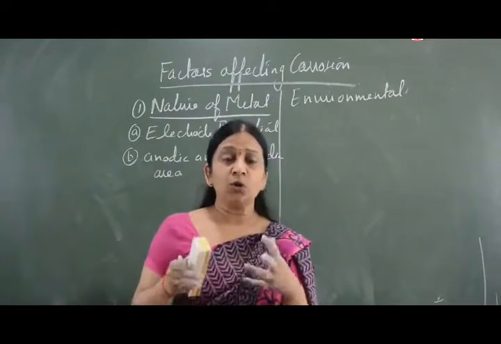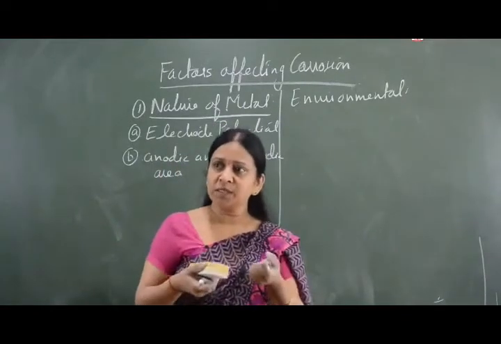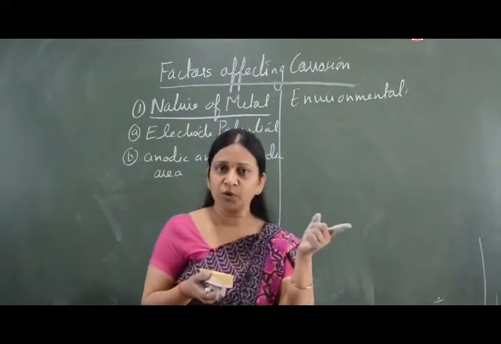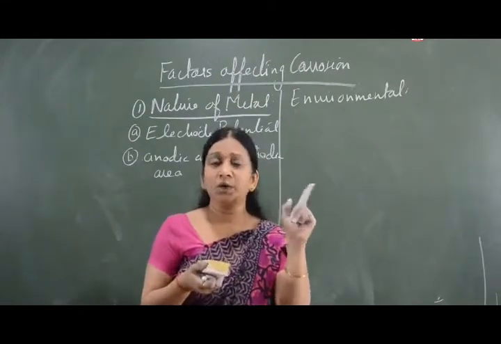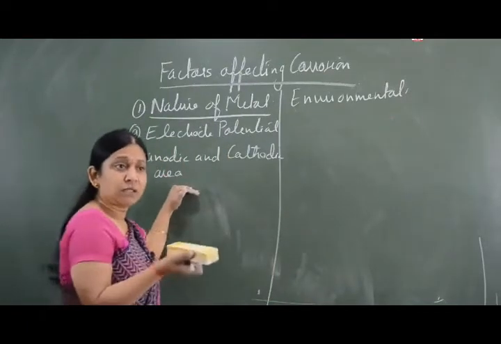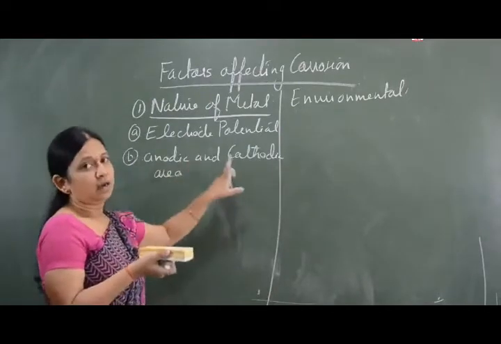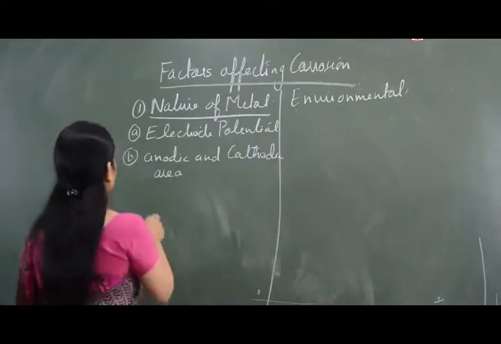Why? Because the cathode demands electrons. If the demand increases, then the rate of oxidation increases, which will lead to an increase in corrosion. So for corrosion to be enhanced, the anodic area should be smaller and the cathodic area should be larger.